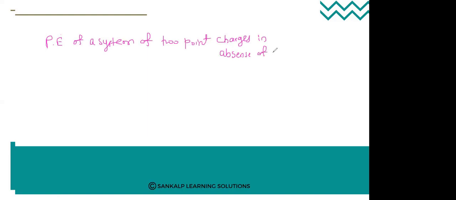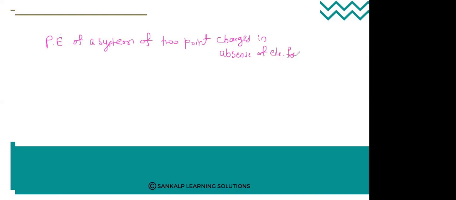Let us see the first derivation, students. The first derivation is the expression for the potential energy of a system of 2-point charges in the absence of electric field.